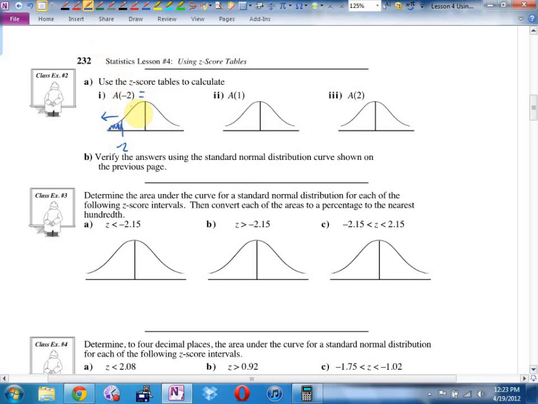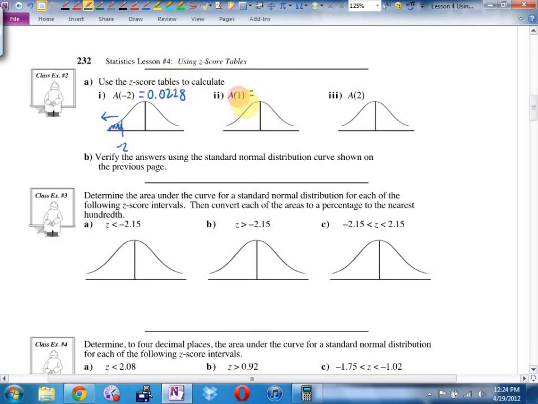Make sure you're on the negative side, which is, I think for you guys, the front side. 0.0228? Is that correct, people, or not? Yeah? So you have to move all the way over and drop down to 0? Okay.